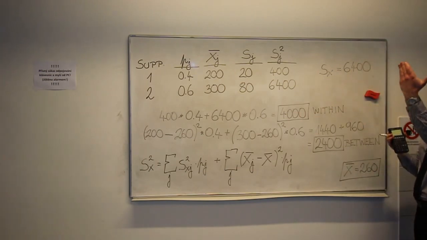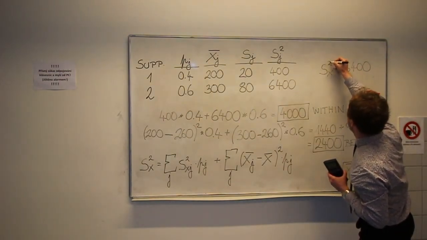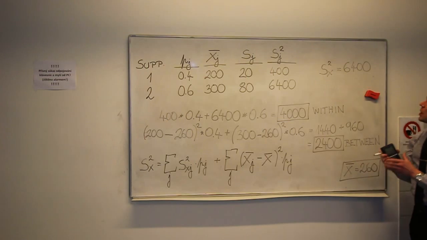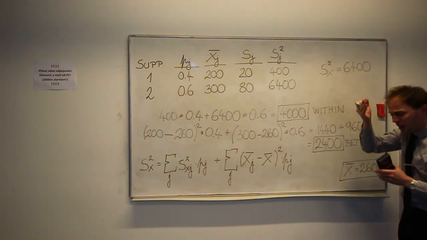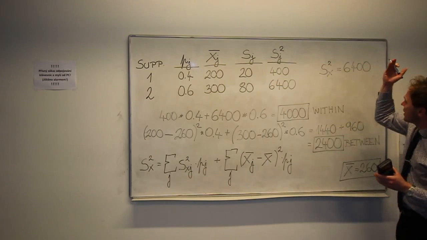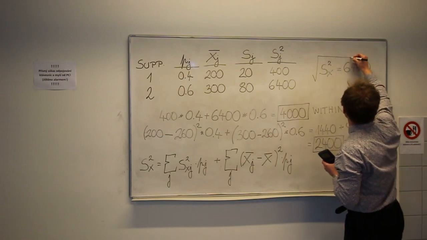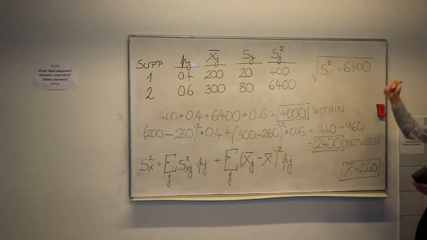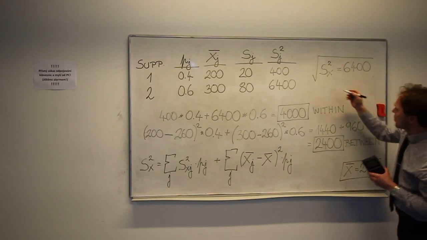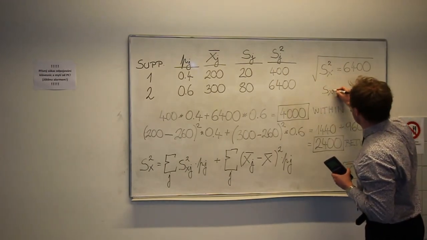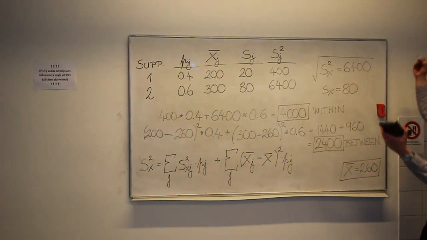The total variance of payments, but we don't know in which units because it's in some squared units, and for us will be better to calculate standard deviation from this variance, because the total standard deviation s_x equal to 80,000 Czech crowns.